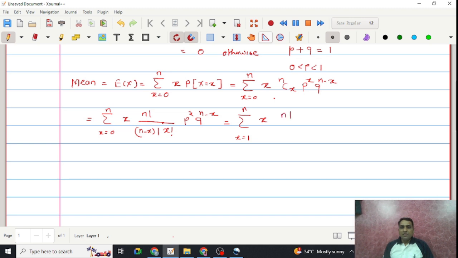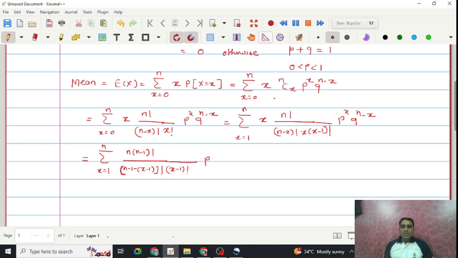The x in the numerator, with x factorial written as x into (x minus 1) factorial, gets cancelled. Then n factorial we write as n into (n minus 1) factorial, and n minus x equals (n minus 1) minus (x minus 1), and the term (x minus 1) factorial remains.